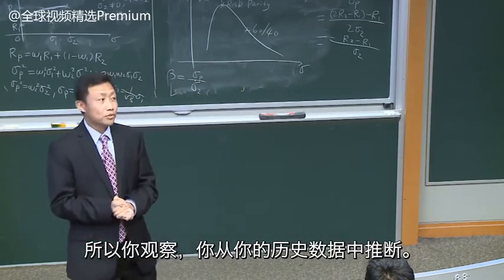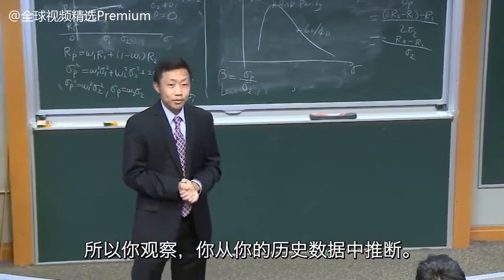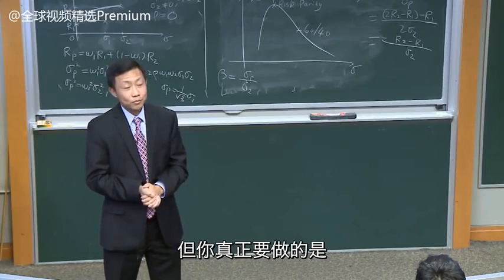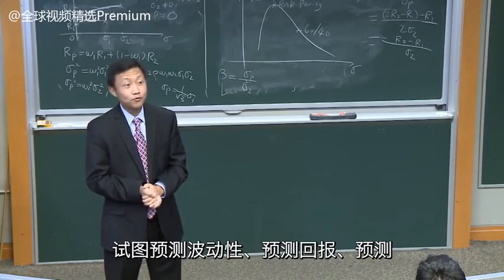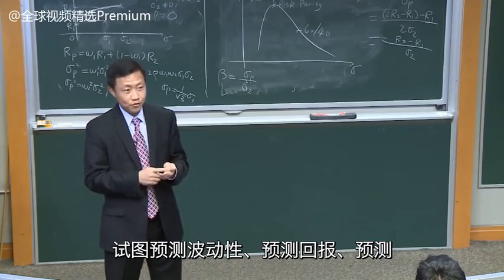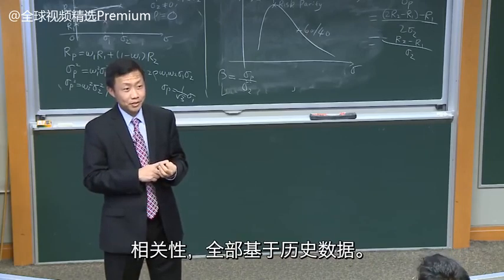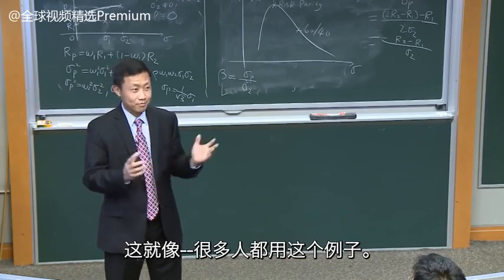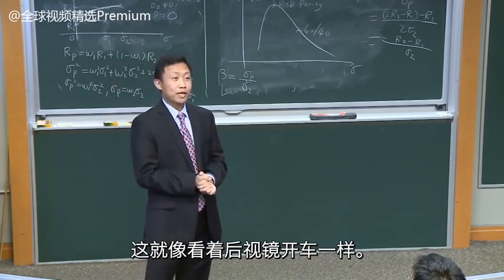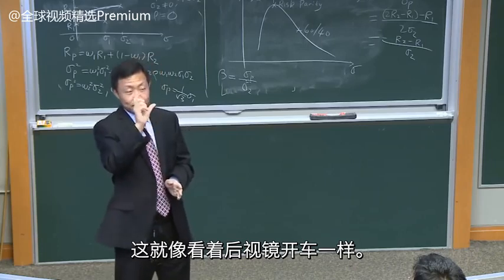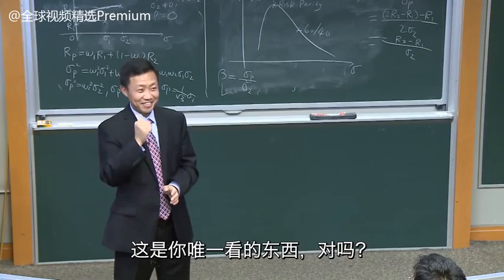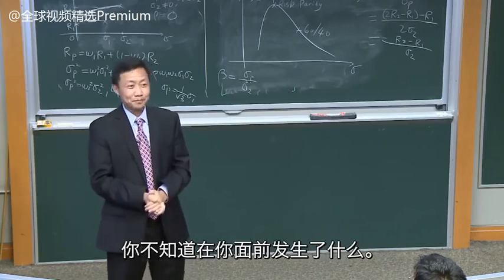You observe, you extrapolate from your historical data, but what you are really doing is trying to forecast volatility, forecast return, forecast correlation, all based on historical data. A lot of people use the example that it's like driving by looking at the rear view mirror. That's the only thing you look at. You don't know what's going to happen in front of you.